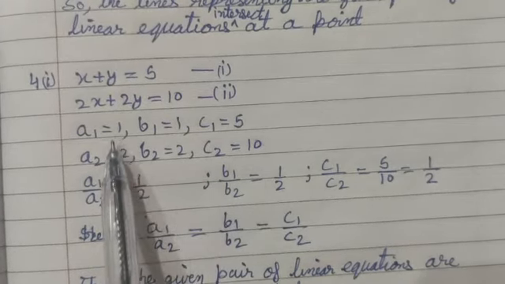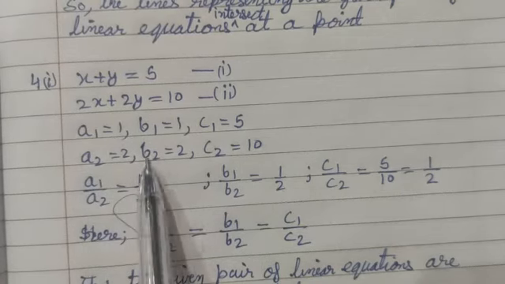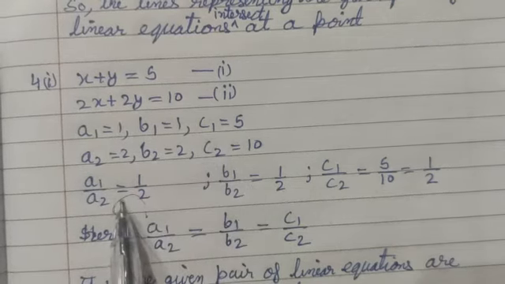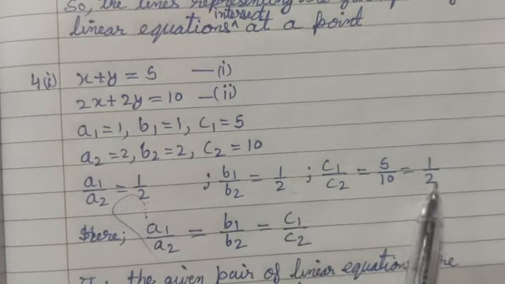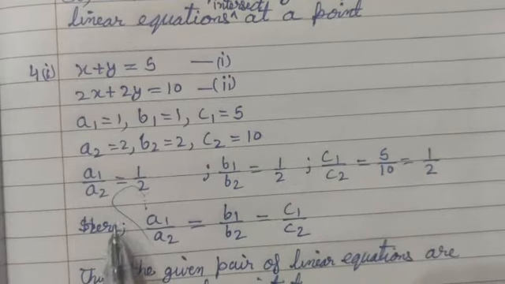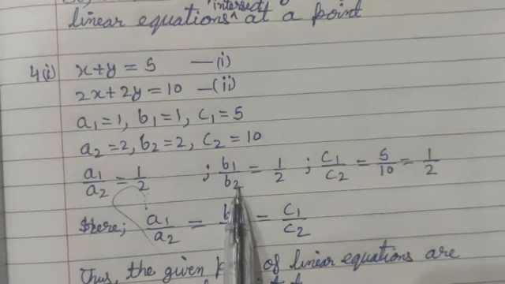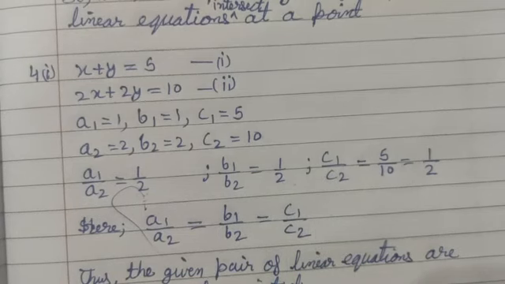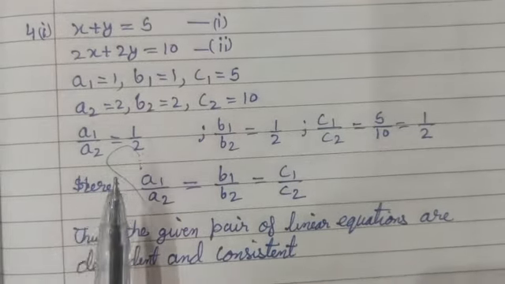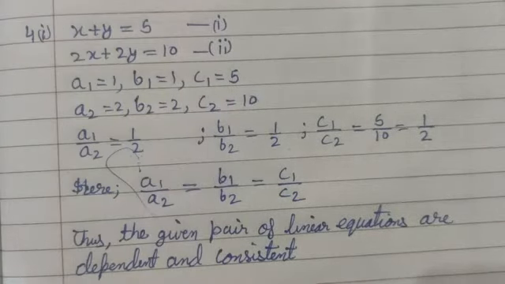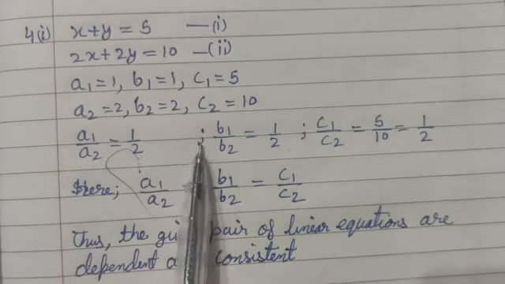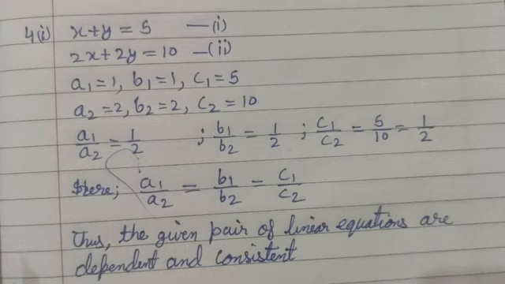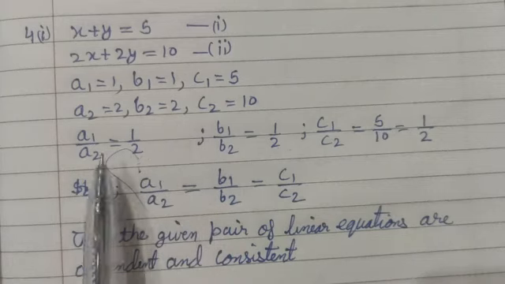Now on finding the ratios of a1 upon a2, b1 upon b2 and c1 upon c2, we see that a1 upon a2 is 1 by 2, b1 upon b2 is also 1 by 2 and c1 upon c2 is also 1 by 2. That means a1 upon a2 is equal to b1 upon b2 is equal to c1 upon c2. And if the ratios are equal, that means the pair of linear equations are dependent and consistent, or you can say that the lines drawn will be coincident lines and it will have infinite number of solutions.